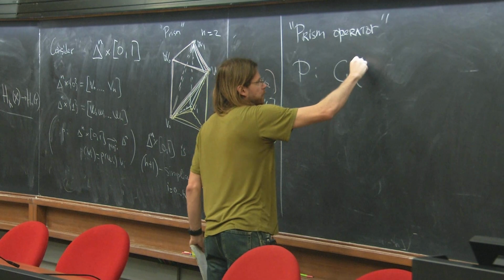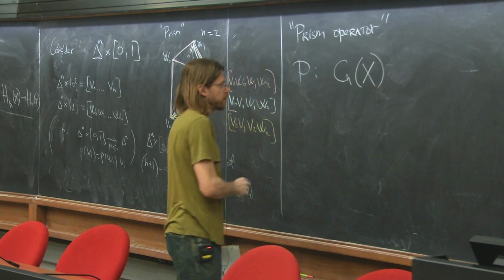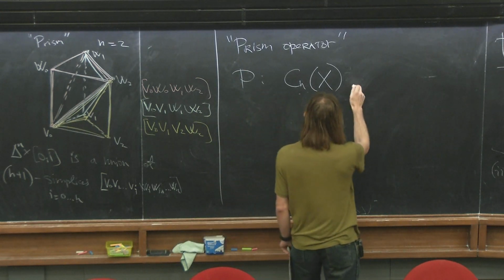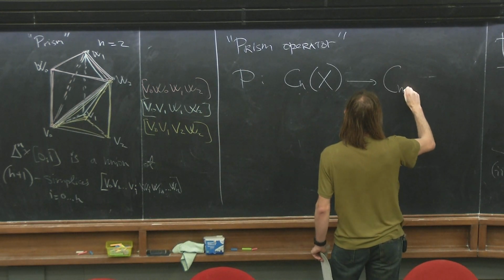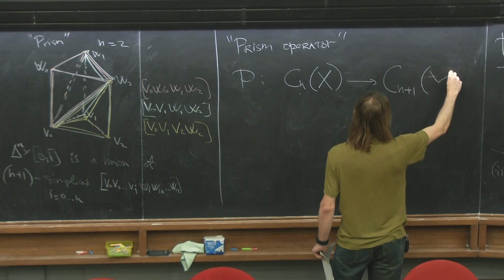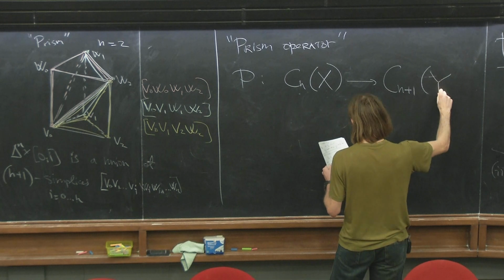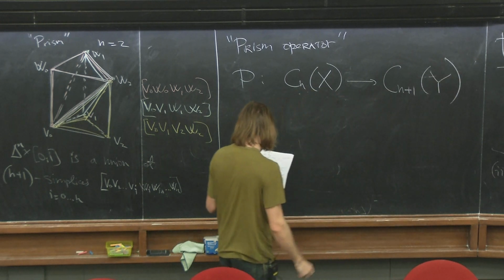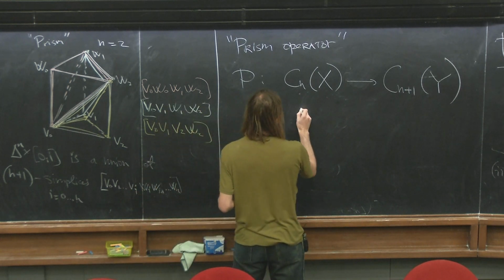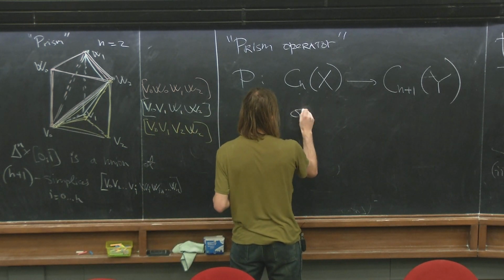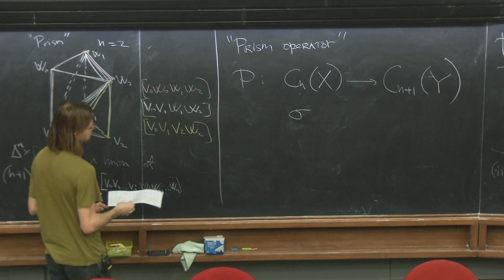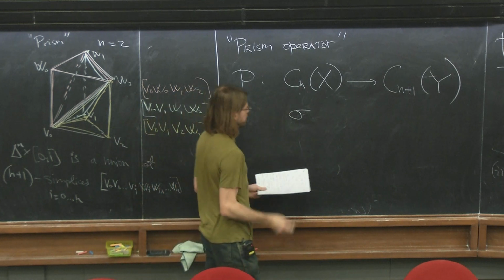It will be a homomorphism from the group of singular n-simplices in X to the group of singular n plus 1 simplices in Y. As usual, we'll define it just on a generator, and then it's extended by linearity to an arbitrary chain.